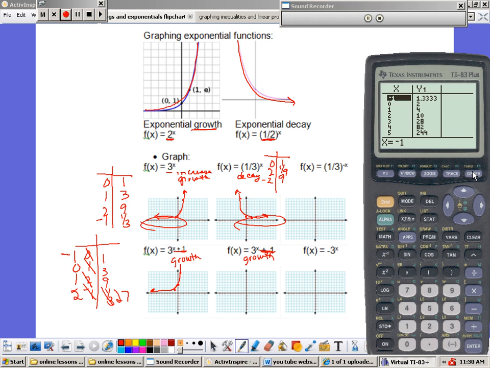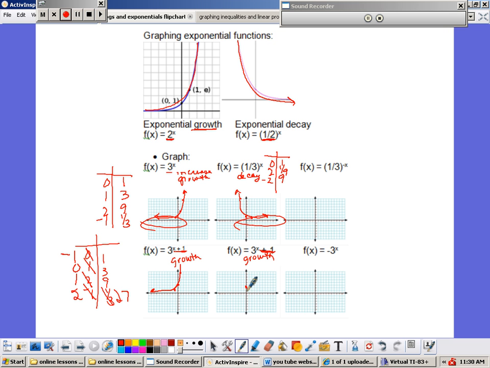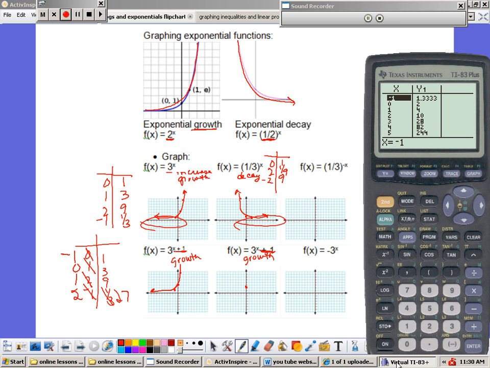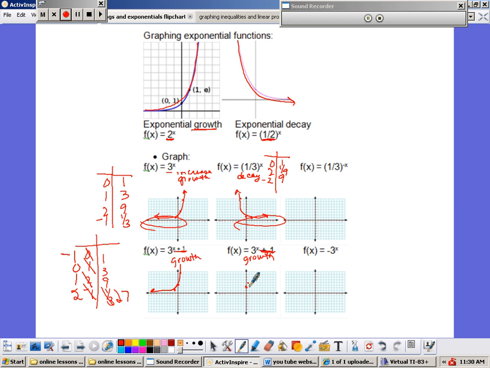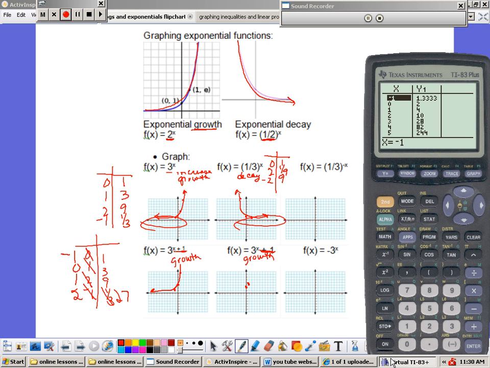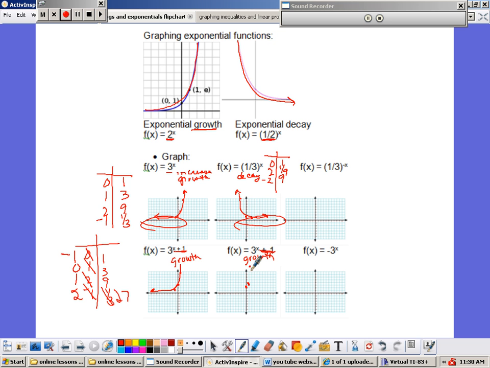I get 0, 2 instead of 0, 1 because I moved up 1. 1, 3 will be 1, 4. 2, 9 will be 2, 10. Everything will move up 1, and this will run across the y equals 1 as an asymptote because everything moved up.